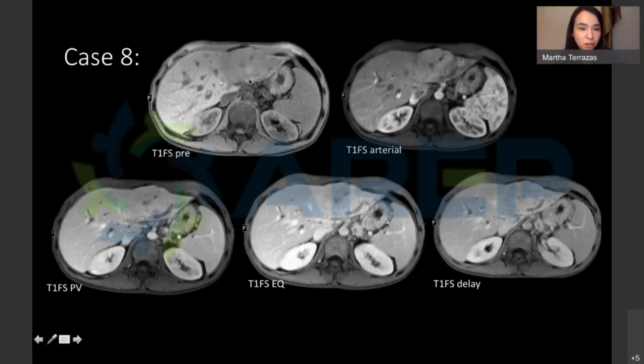It's dark on our T1 pre, heterogeneously arterially enhancing on our arterial phase, and it has persistent delayed enhancement, becoming more iso enhancing on delayed phase imaging. We look centrally and we're like, hey, is there a central scar here? A central scar that's not enhancing.